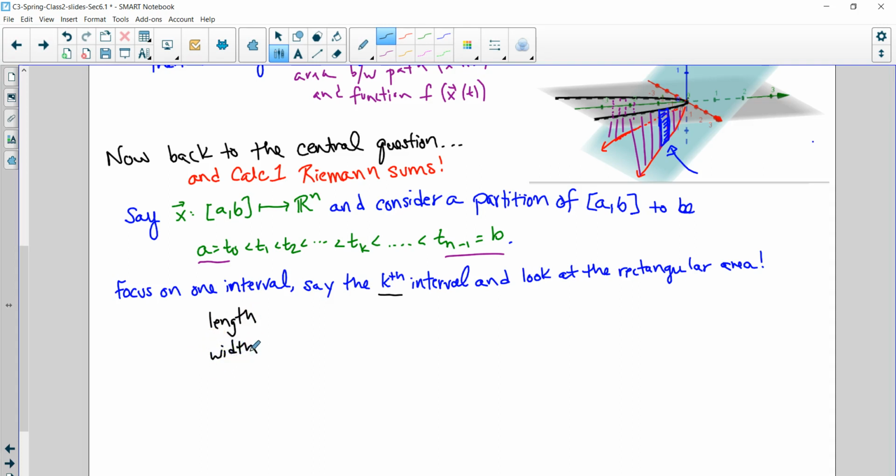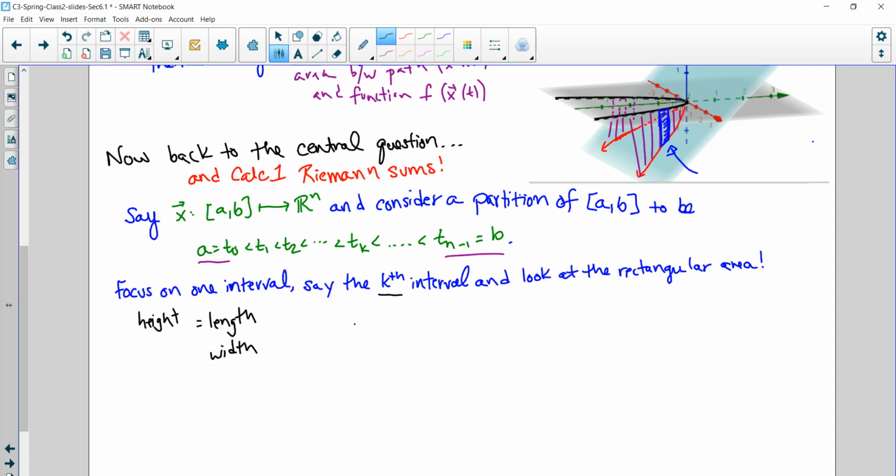Okay, and here length, I'm actually going to use the term height instead, because that might make a little bit more sense here. So instead of length, I'm going to call that height. So the height might actually be the easier thing to find right off the bat.